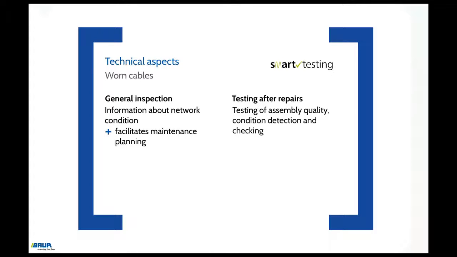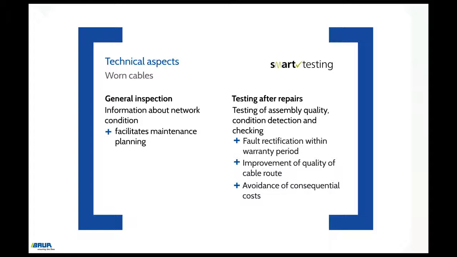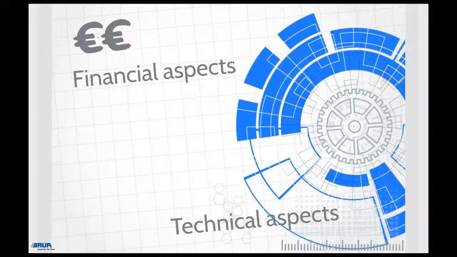Firstly, to check the assembly quality, and secondly, for condition detection and to check whether the problem has been rectified. This allows claims to be asserted during the warranty period, the quality of the cable route to be improved, and consequential costs to be avoided. In the next section, we will compare the investment costs with the benefits of diagnostics in numerical terms.